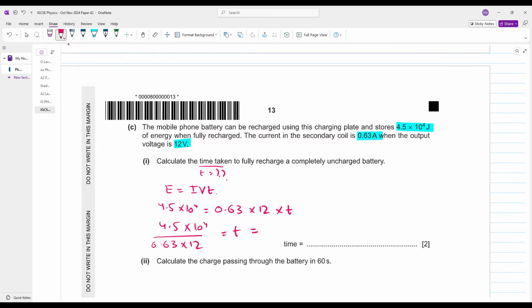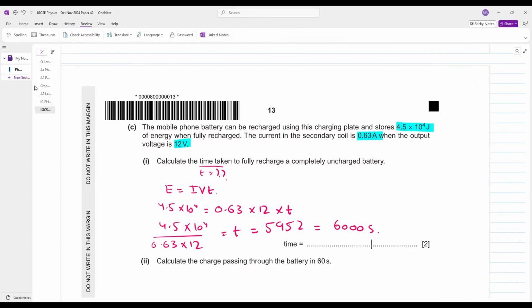What does your time come out to be? The time comes out to be 5952. If I round it off to two significant figures, this will be 6000 seconds. Okay, moving ahead.